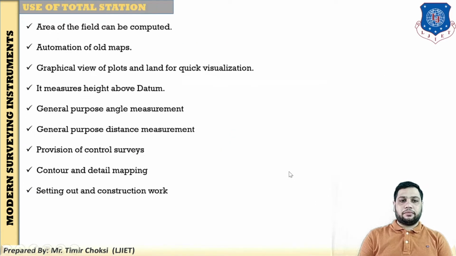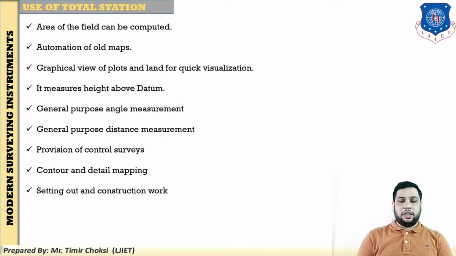Now, the uses of the total station. There are a number of uses. The area of a field can be computed, old maps can be automated, and plots can be viewed graphically for quick visualization. It measures height above the datum. Its general purpose is angle measurement as well as linear measurement, meaning distance measurement.